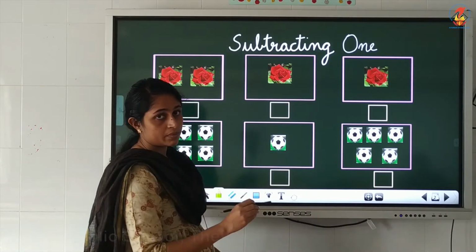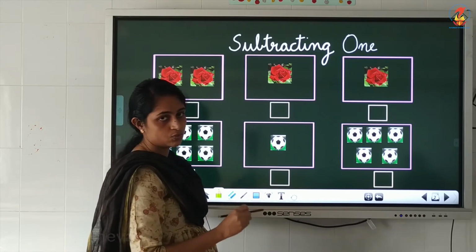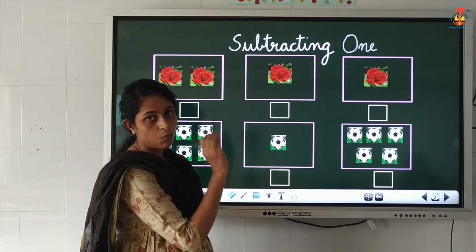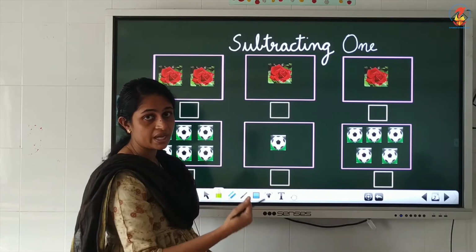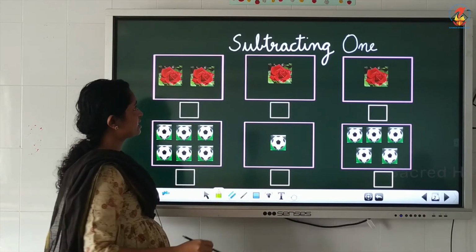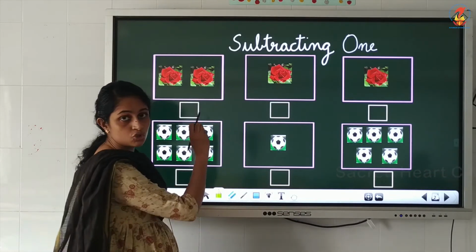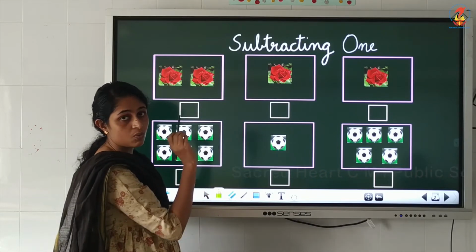The third one, in today's class we are going to read the first one, that is subtracting 1. We are going to take away 1 from the given set. In the first example we have 2 roses, isn't it? And in the second one, how many we have? 1.